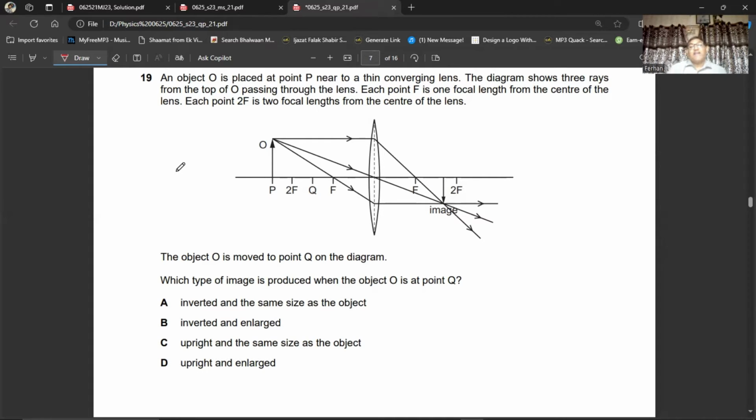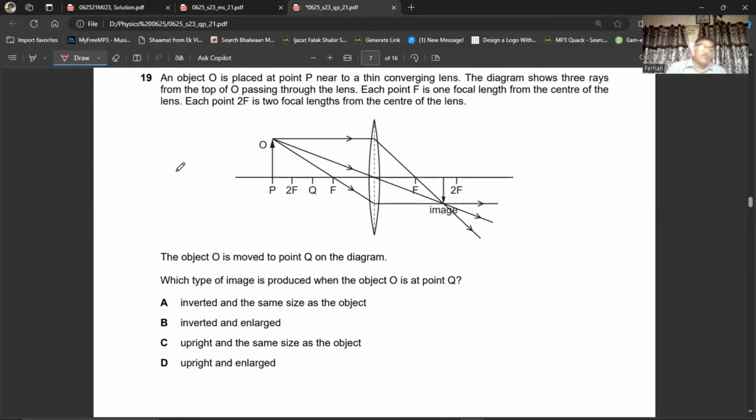Each point F is 1 focal length from the center of the lens, and each point 2F is 2 focal lengths from the center of the lens. The object O is moving to the point Q on the diagram. Which type of image is produced when the object O is at Q?